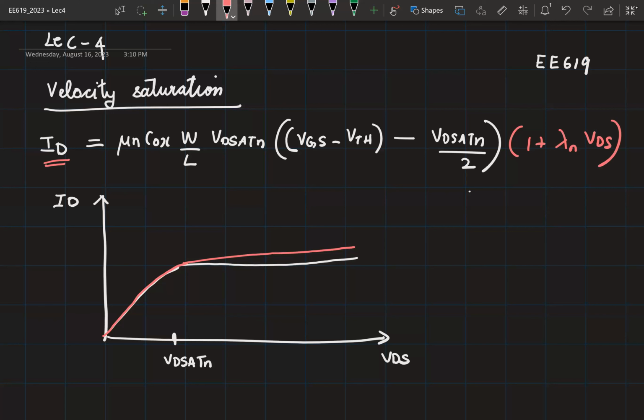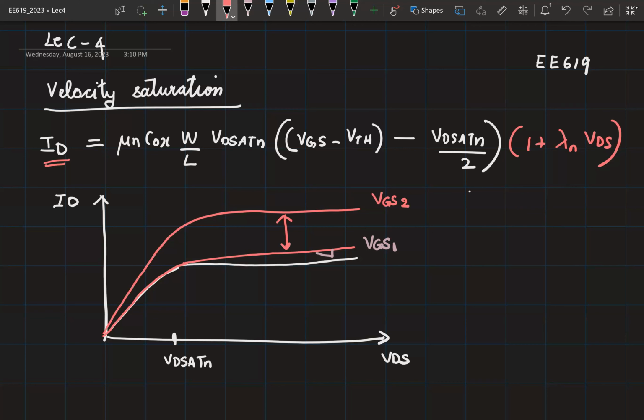Now what is the slope of this curve? It will be equal to lambda. So now let's say I did this for some voltage VGS1. Now, if I plot this for another voltage VGS2, would you expect this relationship to be linear or quadratic? Why quadratic? Square of VGS term is there.